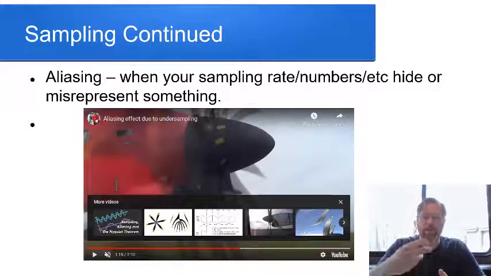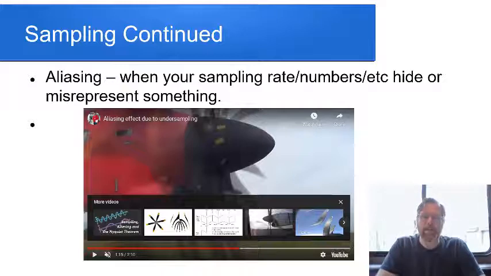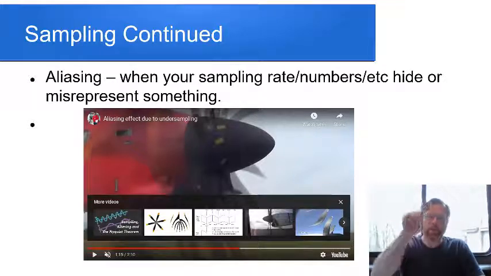If your data acquisition rate where it's talking to the computer is wrong, but it could still happen anytime you've got something that's cyclic. If you're sampling at the wrong time in that cycle, or if you're not sampling often enough in that cycle, you might look like things are going backwards or staying still instead of doing what they're supposed to be doing.